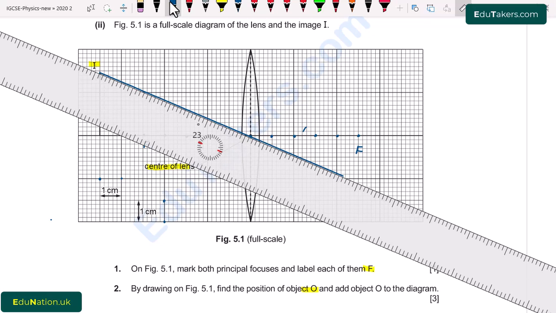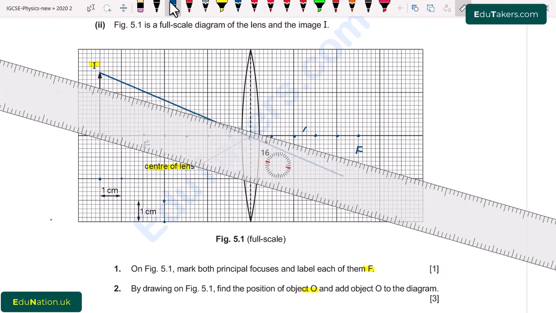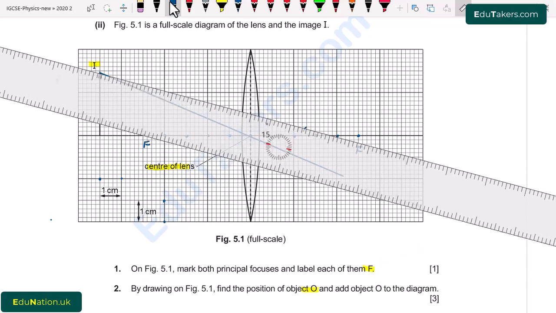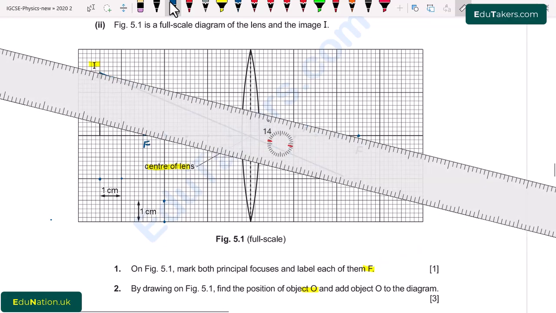The second way is passing through the focus point. So I draw the ray that passes through the focus point. Starting from this point, I draw the second ray.